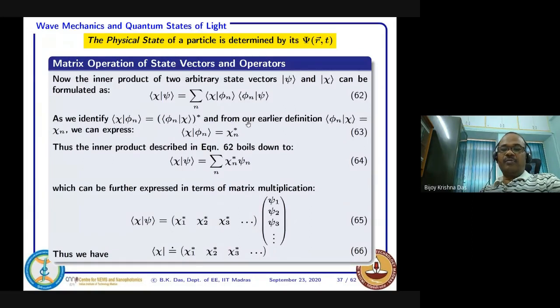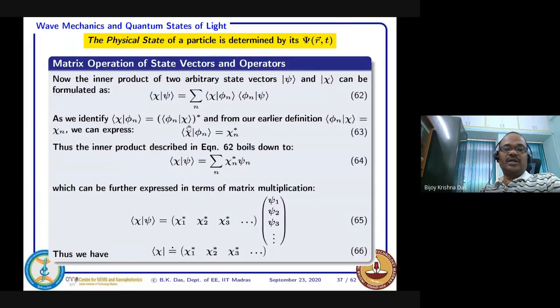So from our earlier definition, whenever you are writing the inner product of chi and phi n, that means you are trying to get the projection along phi n. Remember that this phi n is the basis vector's component. Chi and psi are the two arbitrary vectors in that vector space.